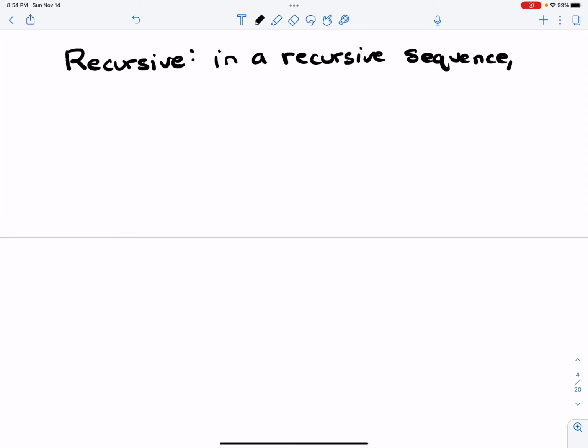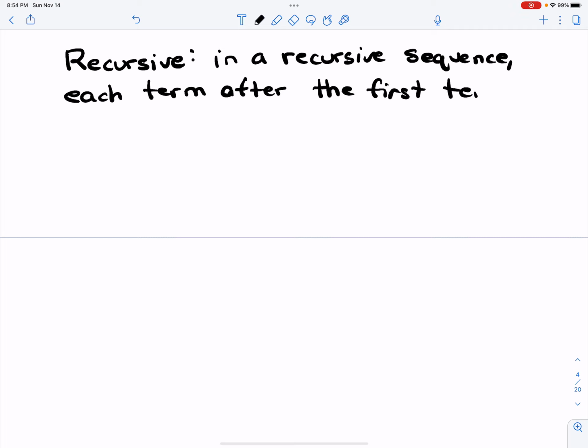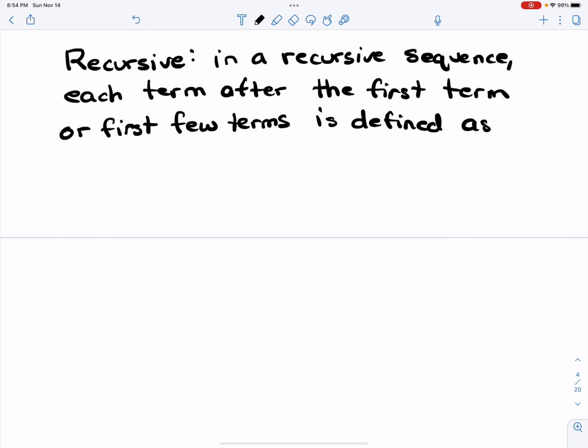In other words, each term after the first term or first few terms is defined as an expression involving the previous term or terms.